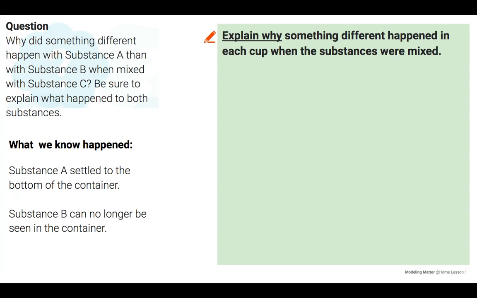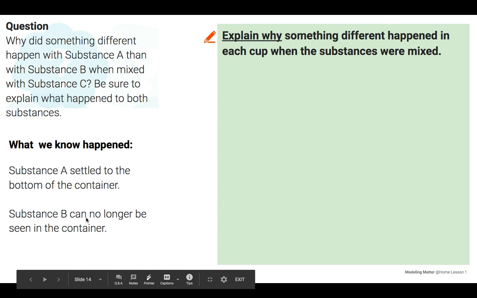Be sure to explain what happened to both substances. So here's what we know happened. Substance A settled to the bottom of the container and was still visible. It sank to the bottom. Whereas in substance B, it is no longer visible mixed in with the liquid of substance C.